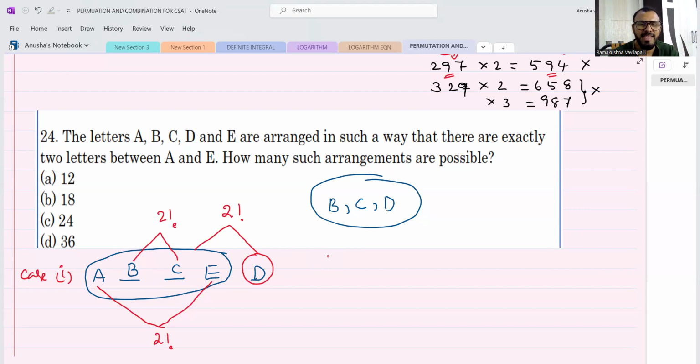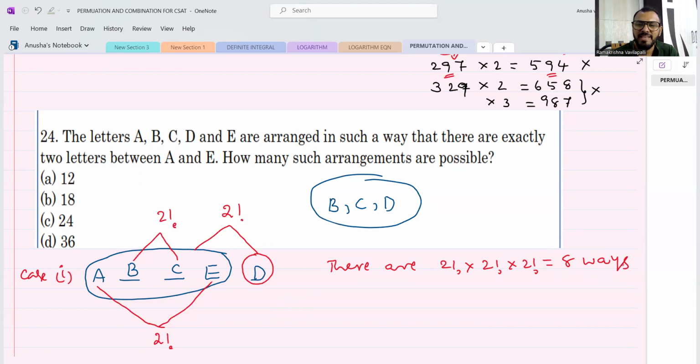So for one case, there are 2 factorial into 2 factorial into 2 factorial, that is 8 ways. This is the first case.